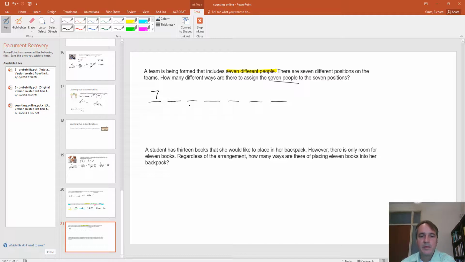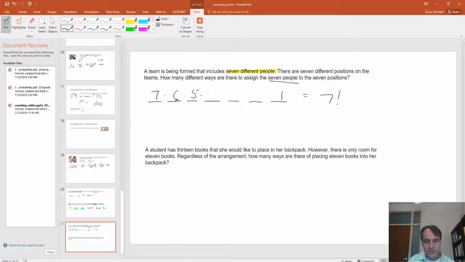So remember that when we're doing this, we have 7 people to choose from for this one, and 6 for this one, and 5 for this one, etc., on down to 1, which is 7 factorial.